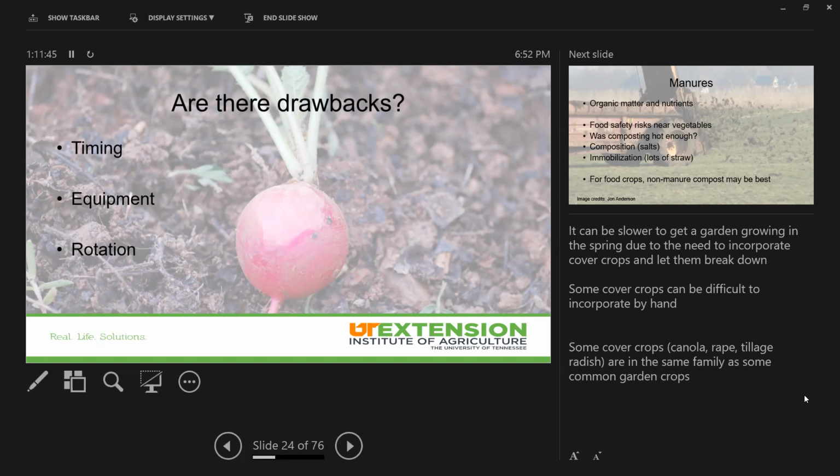On a larger scale, equipment can be hard to find. The crimper roller machines are very expensive. Also, traditional farmers don't always see the economic value of planting a crop that they're not going to see instant money back from.